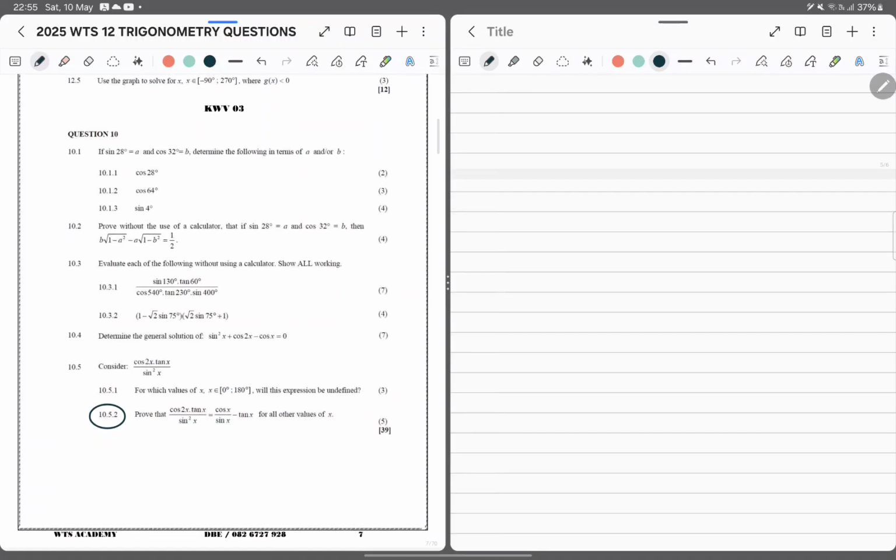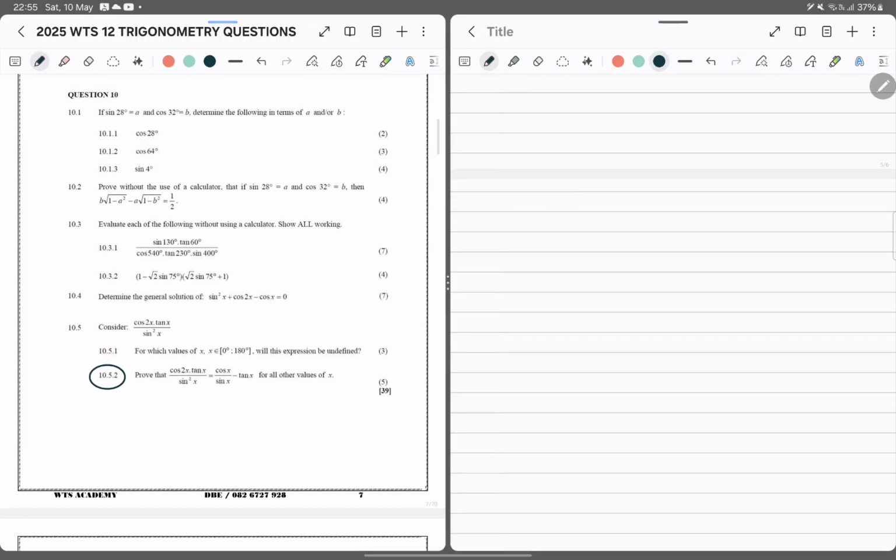So this is now question 10 again, from wherever. Now, question 10.5. Now we're going to do 10.5.2. So can you see, guys, I'm numbering the questions I'm answering just the way they are labeled. So learn this art so that you don't run into problems. Okay? All right, okay.